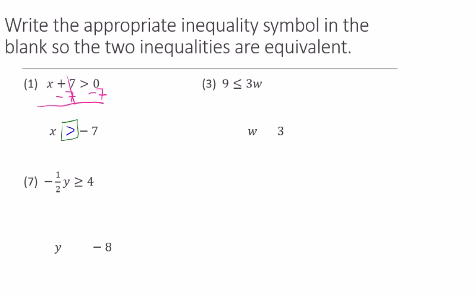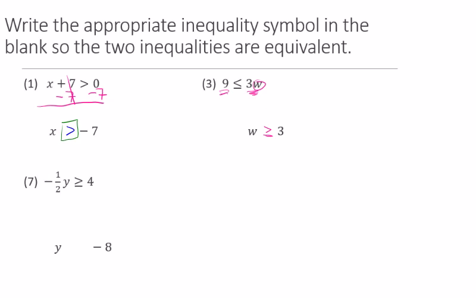So anything less than 3 will make 9 greater than whatever that is, right? And so we want numbers that are greater than 3 for W in order to make 9 less than that value, right? So greater than or equal to 3.